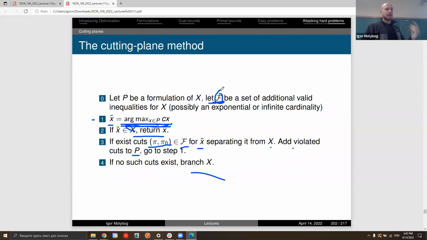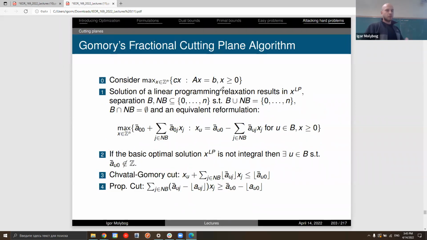But this approach with subtour eliminating constraints is just one example, and it only works for the traveling salesman problem. There is a way to do that in the more general case, called Gomory's fractional cutting plane algorithm, and I think I will introduce it this time, and probably give more examples next time.